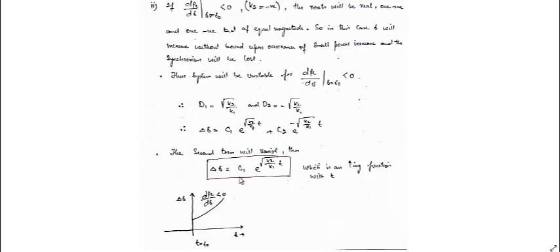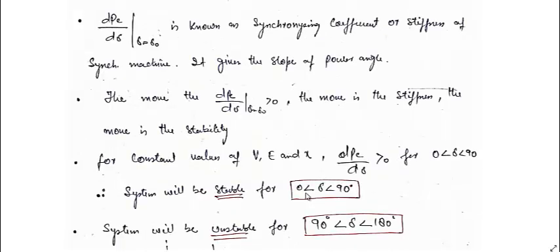Delta delta will be equal to c1 e raised to the power root of k2 by k1 into t. So you can see this is increasing continuously without bound. So this is the value of delta, when delta is greater than 0 and when delta P by delta delta is less than 0.